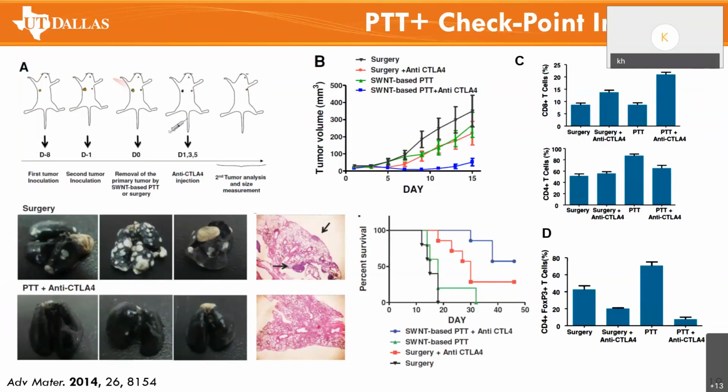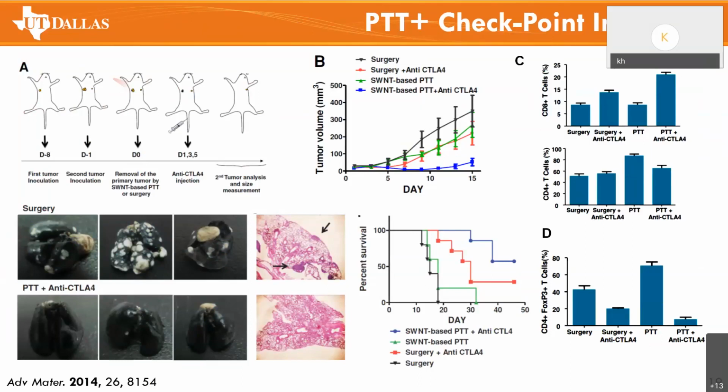As you can see at figure B, anti-CTLA-4 without PTT could only slightly delay the growth of secondary tumor when their primary tumor were removed by surgery method. But for mice that their primary tumor were treated by PTT, CTLA-4 blockade could significantly inhibit the development of secondary tumor.